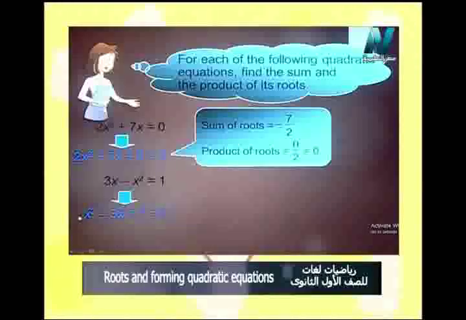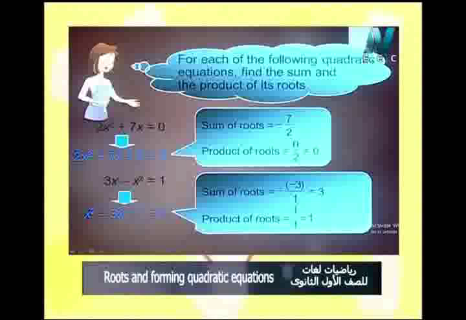Because it's mentioned that here is negative 1, it's wrong, so we will put here a positive number. So the answer will be: the sum of the roots equals negative b, which is negative 3, over a, which is 1. So the answer will be 3.